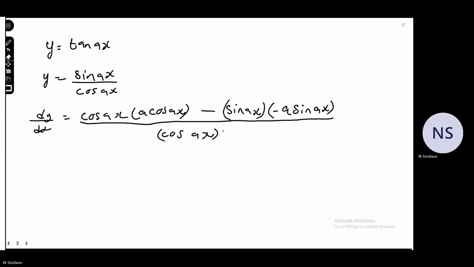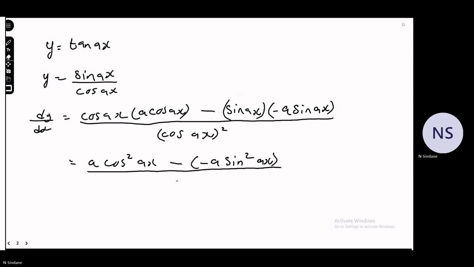This is equals to, now this will give me a cos squared of ax minus into negative a sine squared of ax. Divide this by cos squared ax. This is equals to, now from here I'll have a cos squared ax plus a sine squared ax.